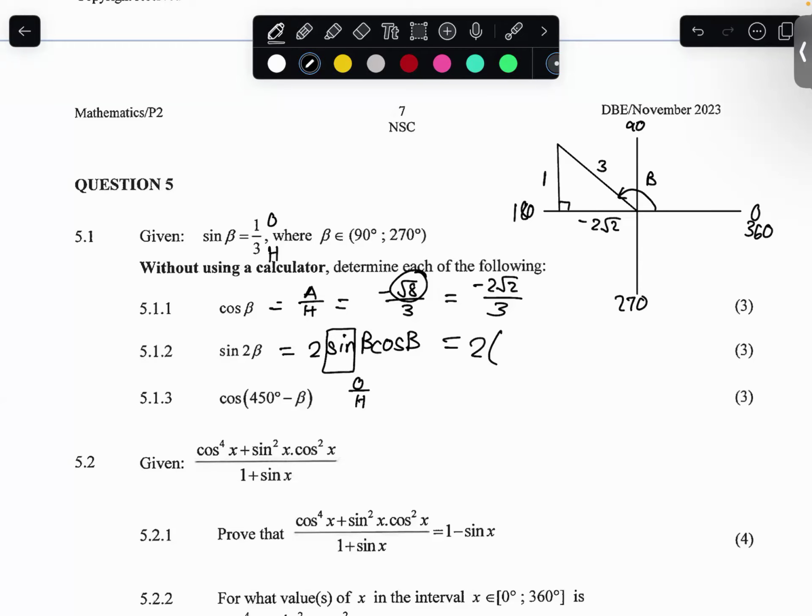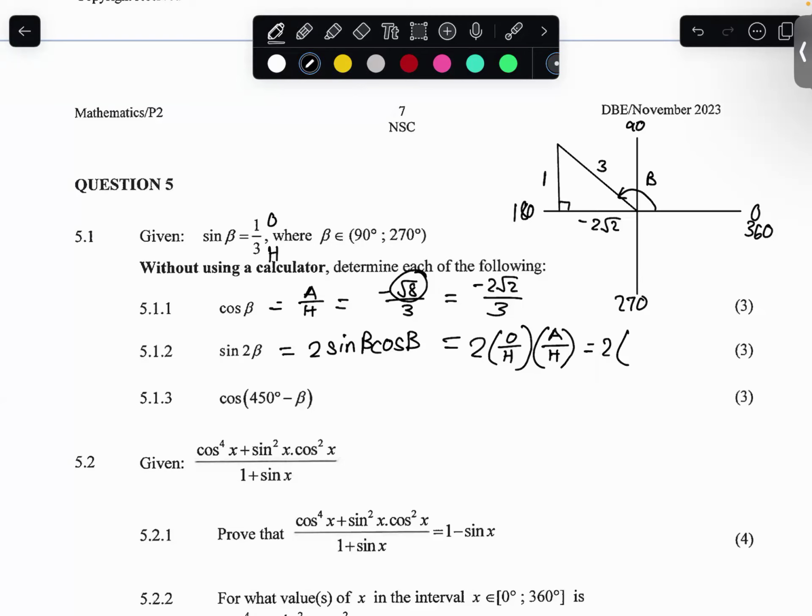That doesn't make any sense because sine, cos, and tan don't exist in math without their angle. So the whole thing, the sine with its angle, must be replaced with opposite over hypotenuse. Same thing for cos. You don't just replace this part and have adjacent over hypotenuse with a beta outside. It makes no sense. So you need to replace the whole cos beta, the cos with its angle, with adjacent over hypotenuse.